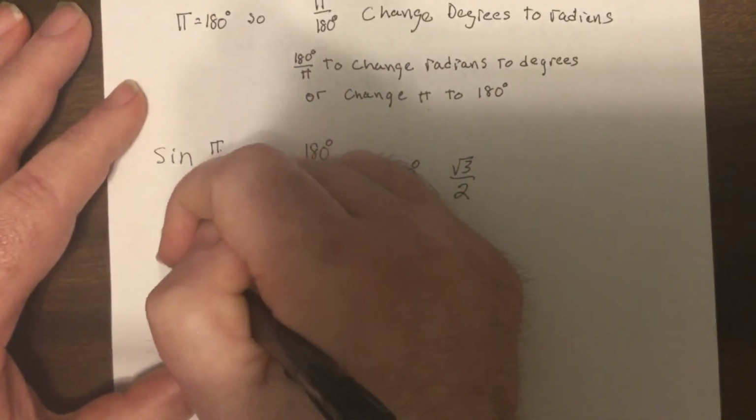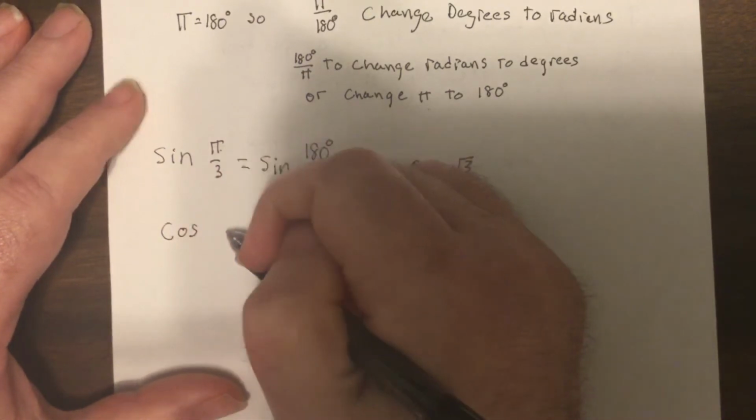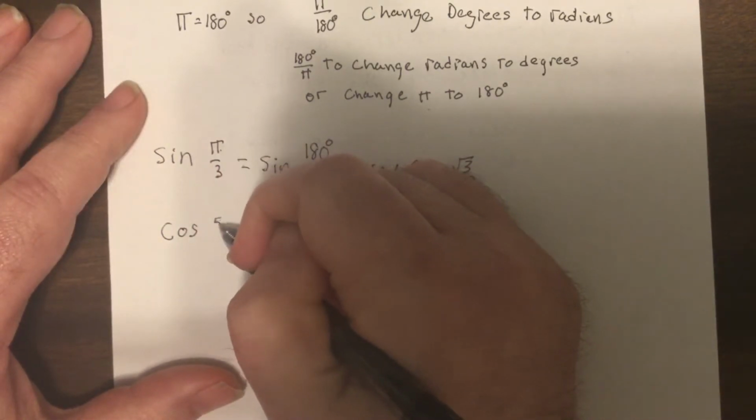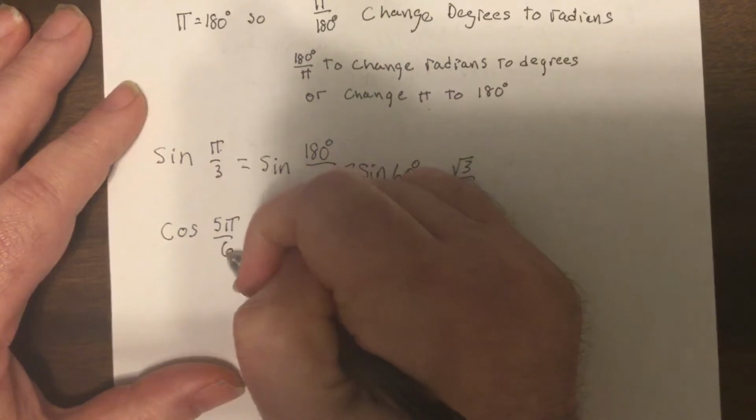So if I said, what's the cosine of 5 pi over 6?